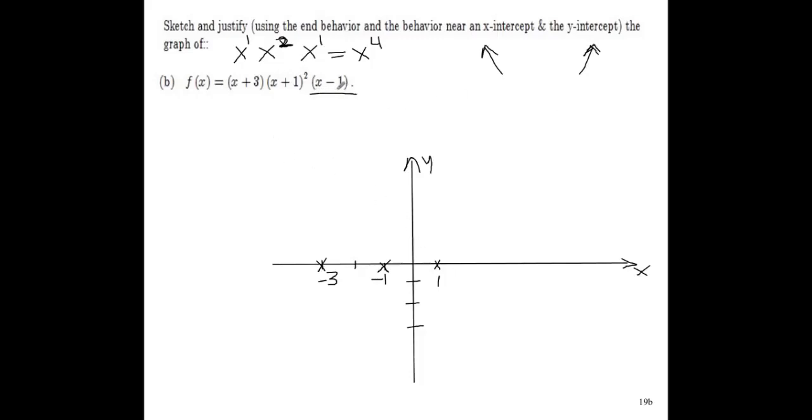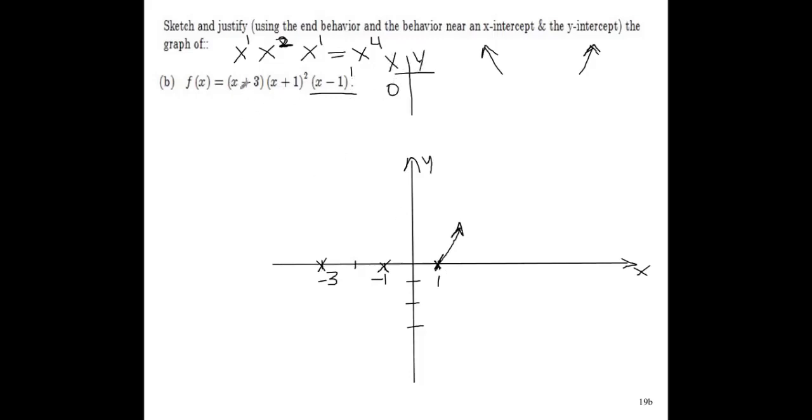At x minus 1 as being one factor, one root would be x is equal to 1. So the multiplicity of this is 1, so it means my graph should cross this point and go up. I can find the y-intercept.